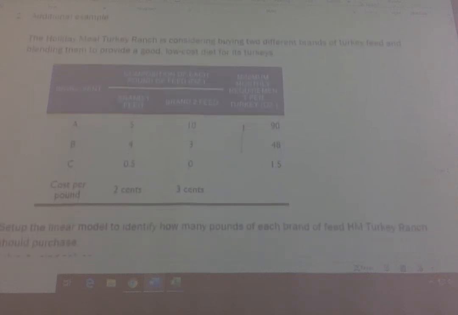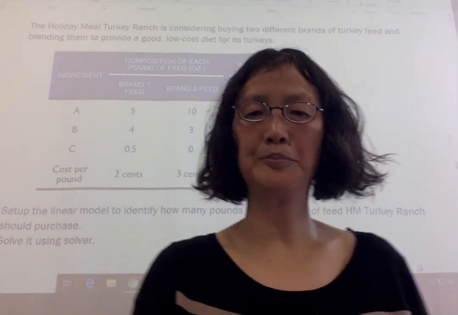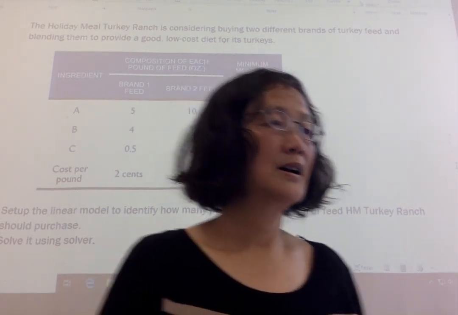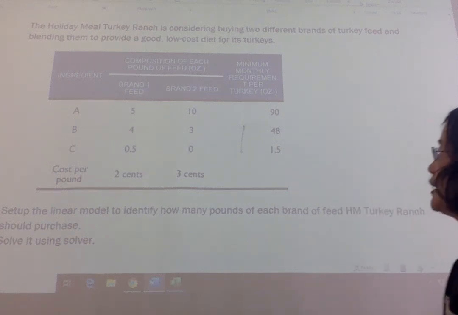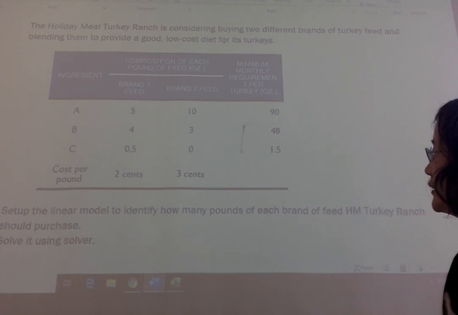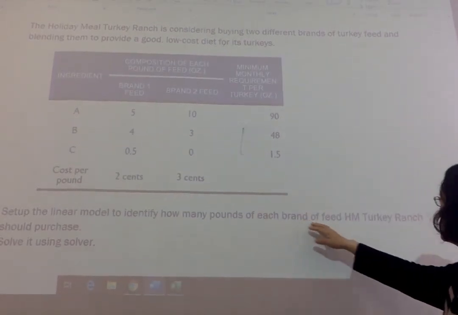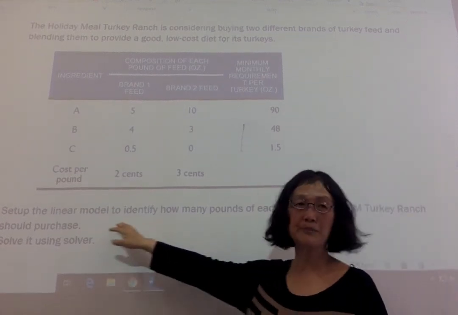Next, we are going to do question 2. In this question, you have 2 brands, and you have 3 ingredients, A, B, C. Okay, 2 different brands. The question asks you how many pounds of each brand should be purchased.